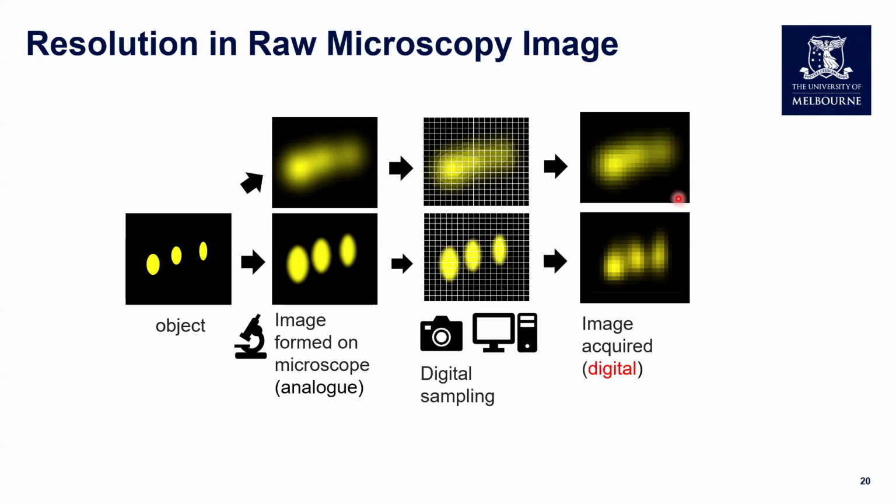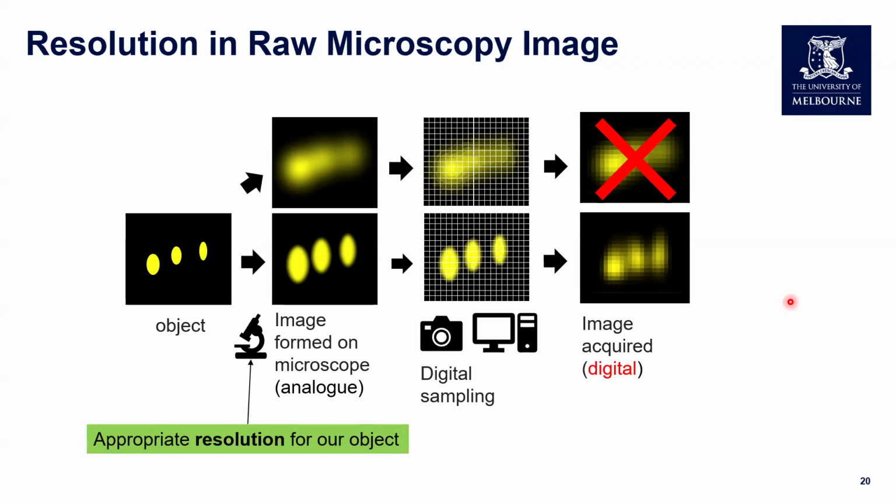So similar to our undersampled image, this low resolution image will mislead your analysis. So we need to choose the appropriate resolution for our object, and how different objective lenses give different resolutions, I believe, was covered in lecture 1 of fluorescence microscopy. So you can go back to this for more details.